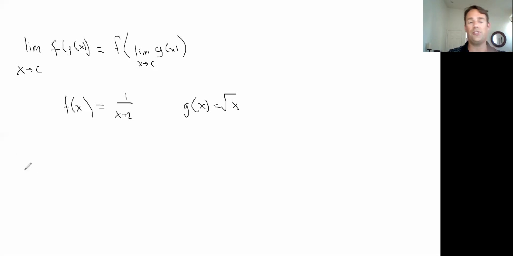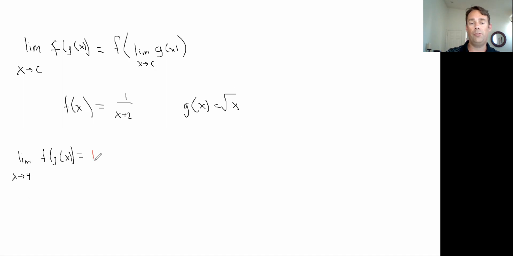So if I ask you to tell me what this limit is, let's go with as x approaches 4 of f of g of x, what value would you come up with? Why don't you pause the video and see if you can actually take a shot at that real quick.